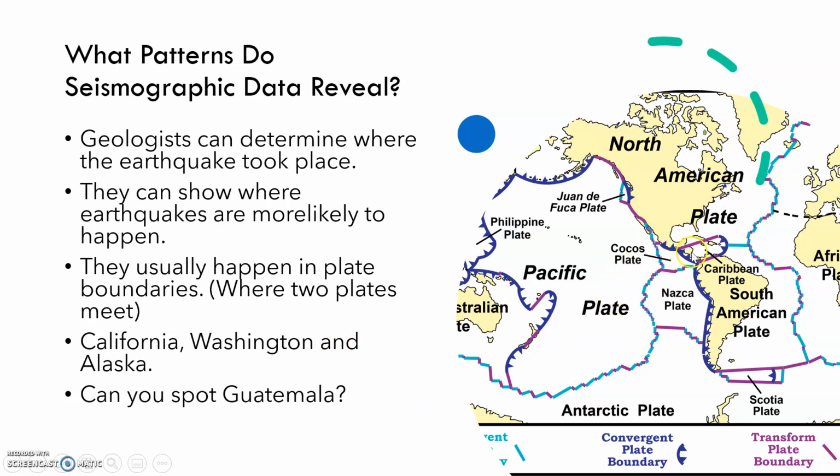Well, let me help you out, and you will find it right over here in Central America, of course. And just like you can notice, we have a boundary that is going right in the middle of Guatemala. So we're going to say that our country is a very seismic place, because since it is located right at the top of a plate boundary, a lot of earthquakes can happen right here.